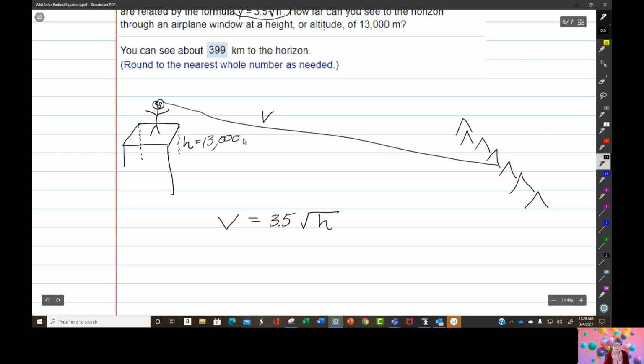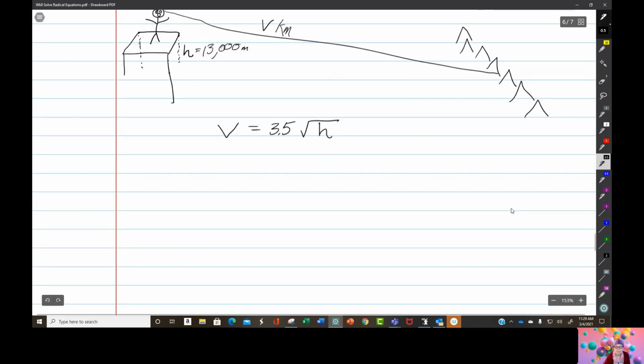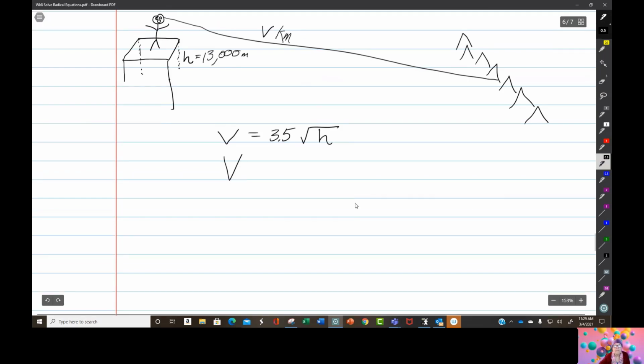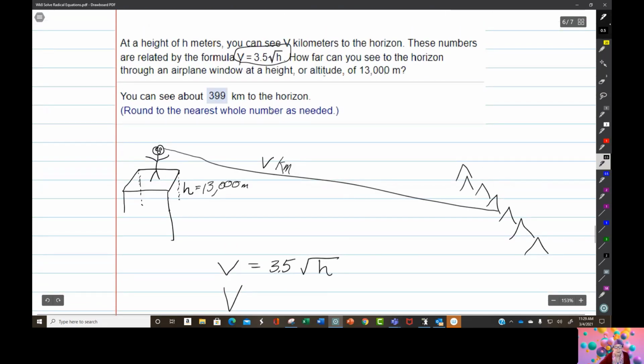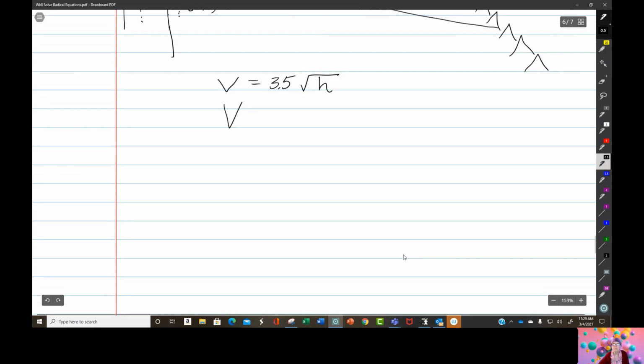OMG. And you can see this many kilometers. So, how far can you see to the horizon? We know what the answer is, so let's not bother to do the problem. No.